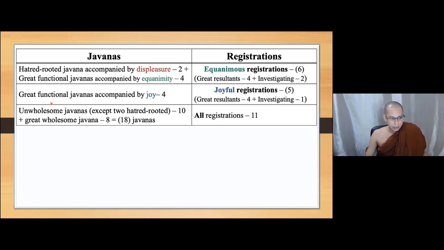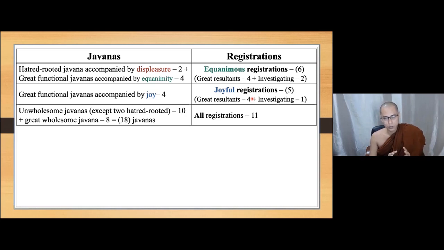Then, secondly, the great functional jhana accompanied by joy. Here you see the great functional consciousness of the arahat, 8 great functional consciousness divided into 2 according to the accompanying feeling. Then, the 4 great functional jhana accompanied by joy can be followed by joyful registration. So after identifying the jhana, you can continue to identify the registration in the cognitive process.